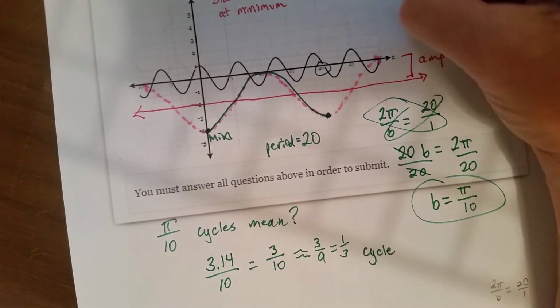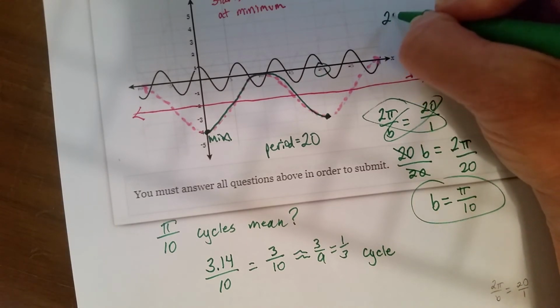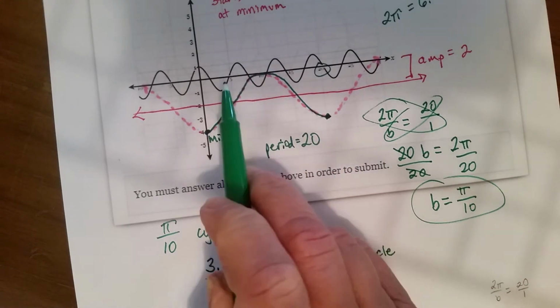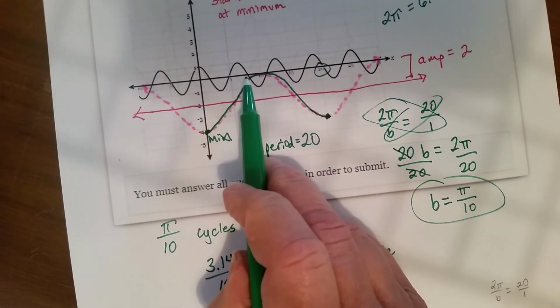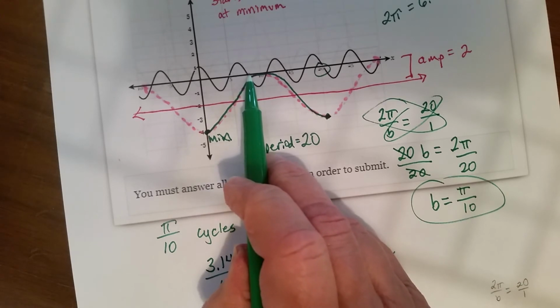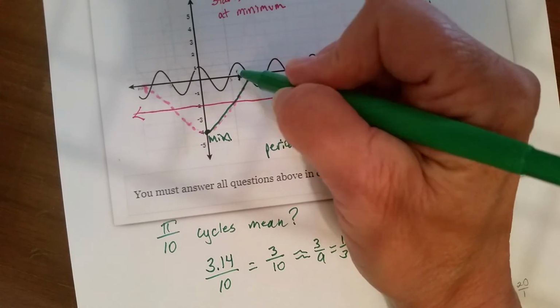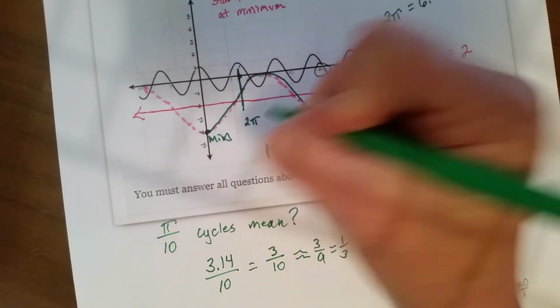Now remember, 2 pi is 6.28. Okay, here's 5, here's 10. So this would be 7.5 right about here. So 6.28 is right about here. So this is 2 pi right about here.